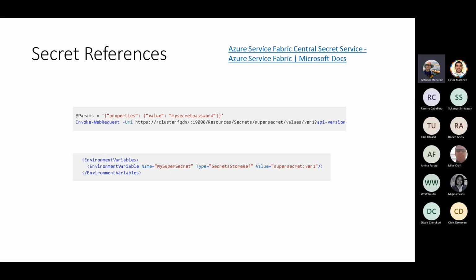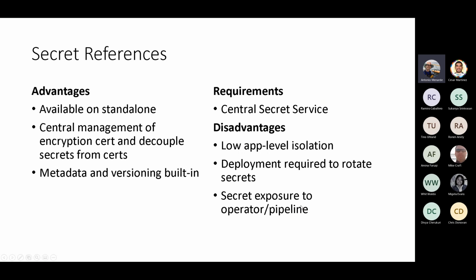It has an API, which you can use to manage secrets, their versions and metadata, and put and pull secrets. On the app model side, there's a way to specify an app parameter as a secret. This is the secret metadata object and actual version value. And here you can see an example of putting that value. This is for clusters that have CSS enabled.